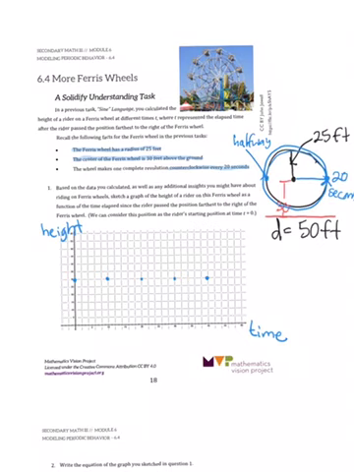Well, it's going to be at its maximum height halfway between 0 and 10. So that's going to be 5 seconds up here. It's going to be at its minimum height halfway between 10 and 20. So that's going to be 15 seconds.